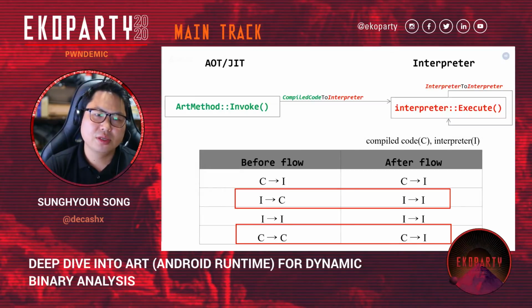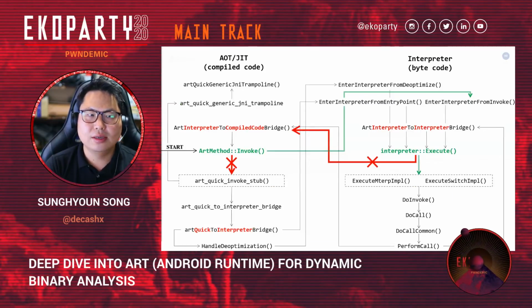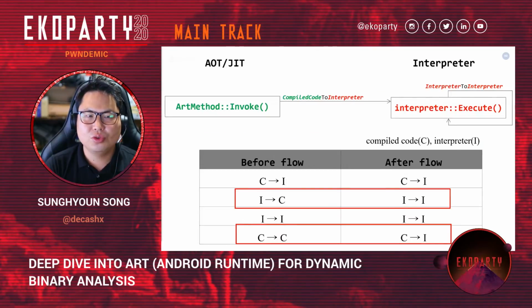In this method, the function that executes the compiled code in the existing flow is not called. Instead, it is forced to always call bytecode using the interpreter. This allows you to trace the flow of functions because they are executed using the interpreter. Furthermore, you can get the original code more easily because the execution code you are getting is in bytecode format.